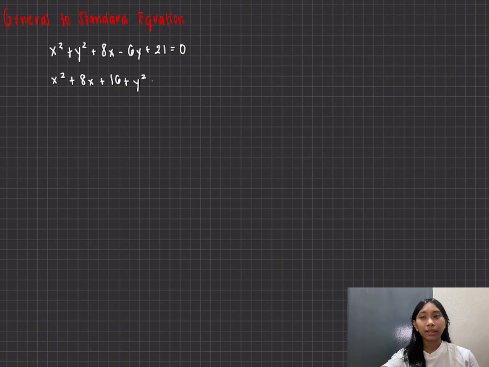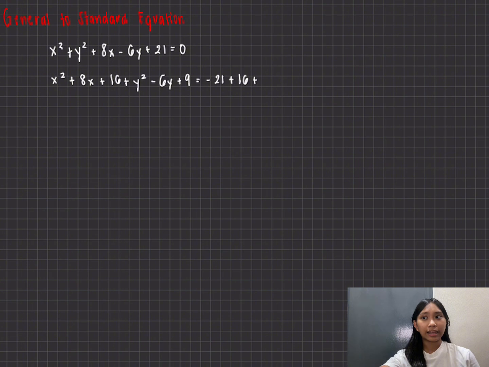Another is, get the 6y divided by 2, which is 3. 3 squared is equal to 9. Then negative 21, since we transpose it, then add 16 and 9 to make the equation balance.